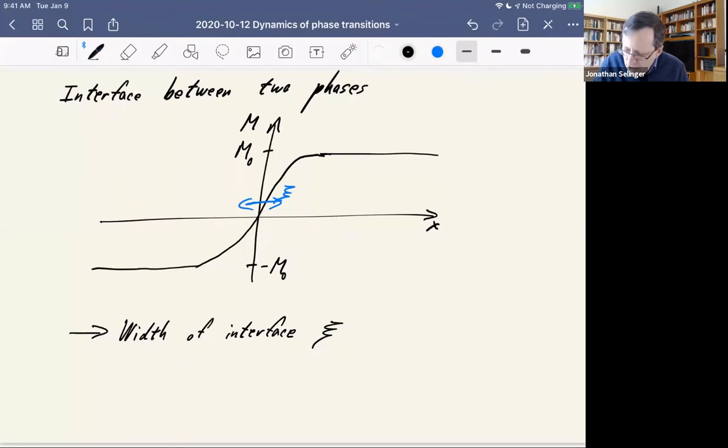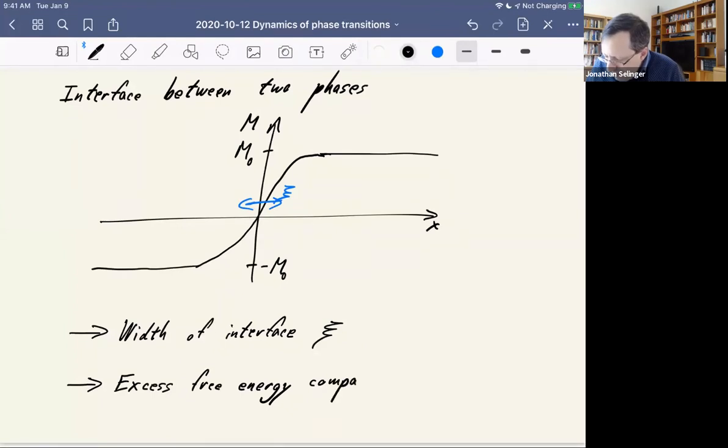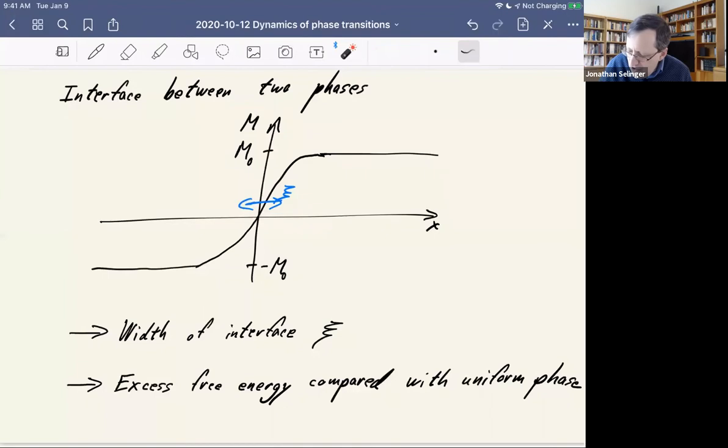Then we could also extract the excess free energy compared with the uniform phase. That is, compared with the situation in which the order parameter is just uniform everywhere.